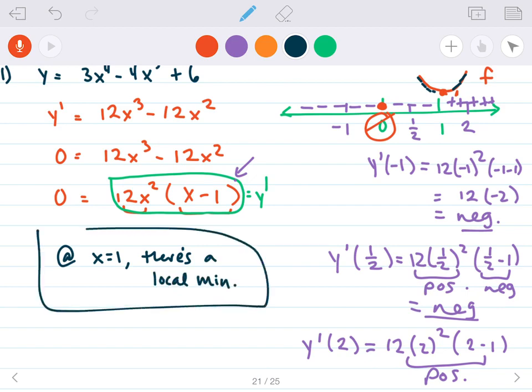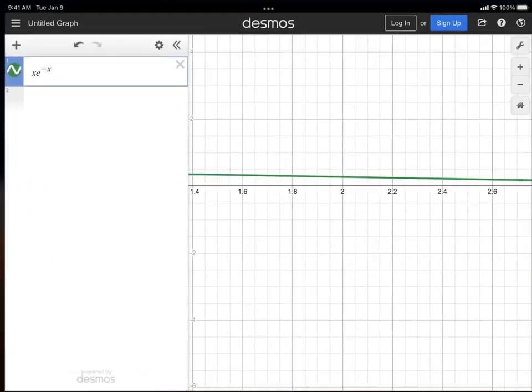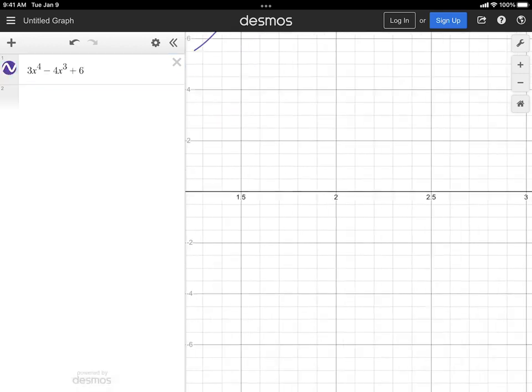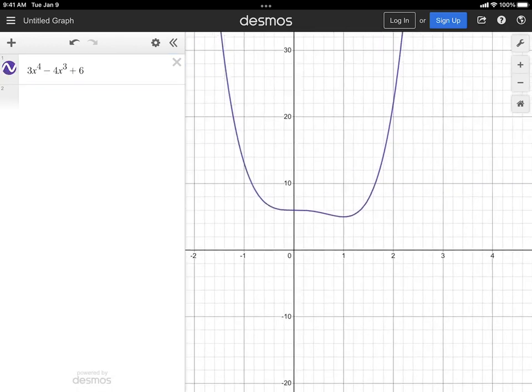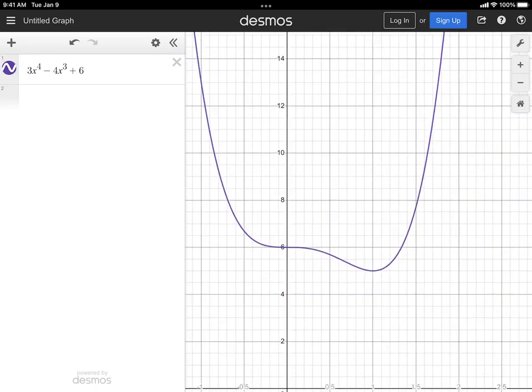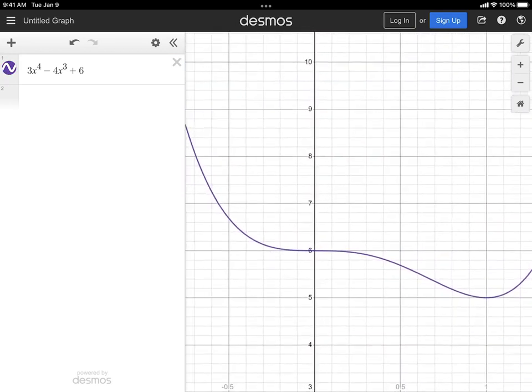Now let's confirm that this is true with Desmos. So let's do this: 3x to the 4th minus 4x cubed plus 6. So yeah, you can see this is f, right?